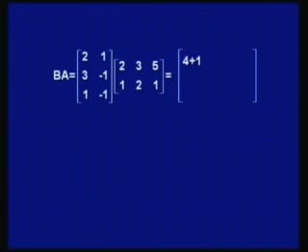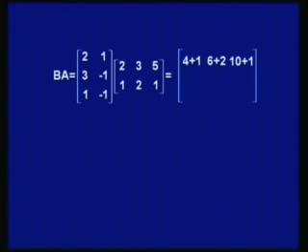The next element will be this row and this column, and this is 2 into 3 plus 1 into 2, this element. The next element here will be obtained by multiplying this first row by the third column, and this element comes out to be this.